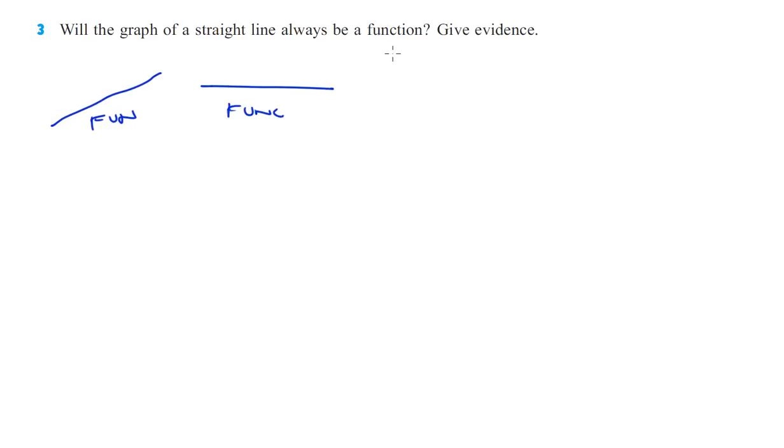There's one instance, and that's if you draw a vertical line. That is a straight line, and this is not a function. Give evidence. There it is. There's our vertical line. That is not a very good vertical line, but you get the idea. So that's the only time it doesn't work.